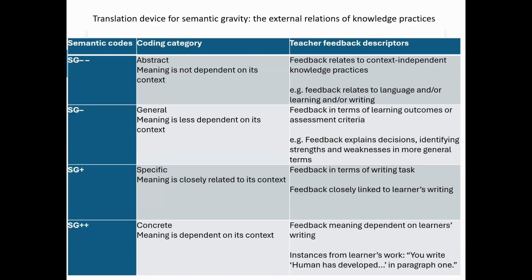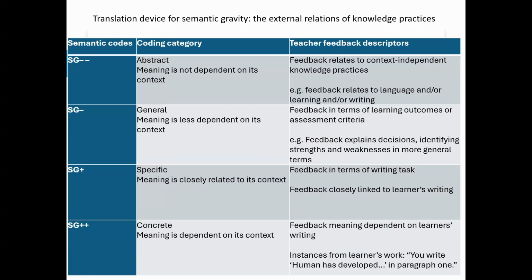And as it becomes weaker, perhaps explaining decisions and talking about strengths and weaknesses in more general terms. And then perhaps at its weakest, relating to language or learning or writing. And we'll look at some examples in a moment.